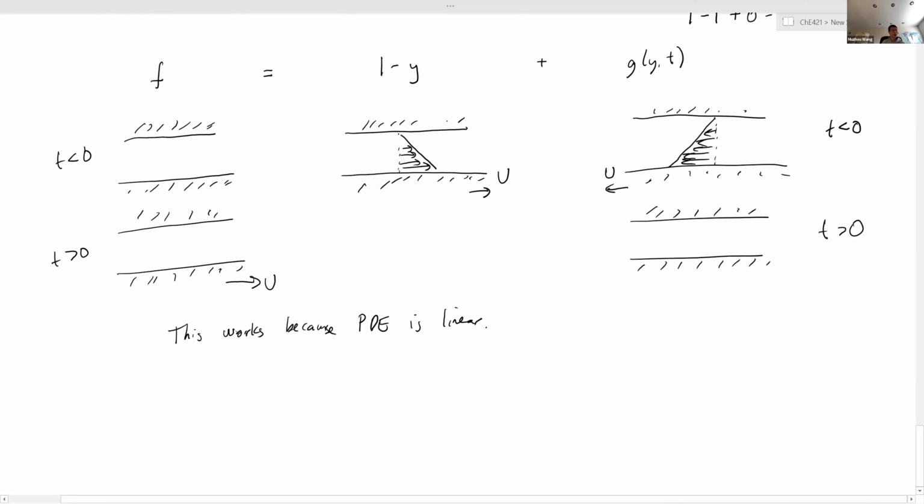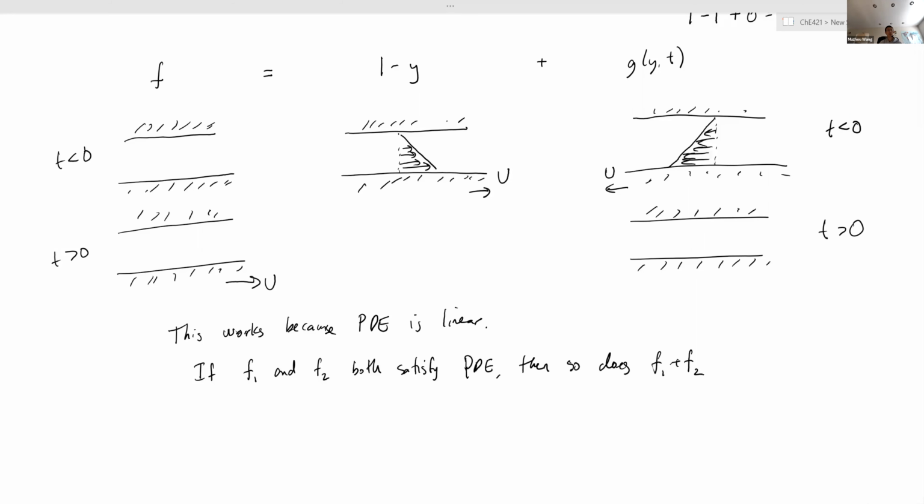In other words, if F1 and F2 both satisfy the PDE, then so does F1 plus F2. And so we were strategic in how we picked F1 and F2 in this case. In this case, F1 was just 1 minus y. It was a steady state solution.